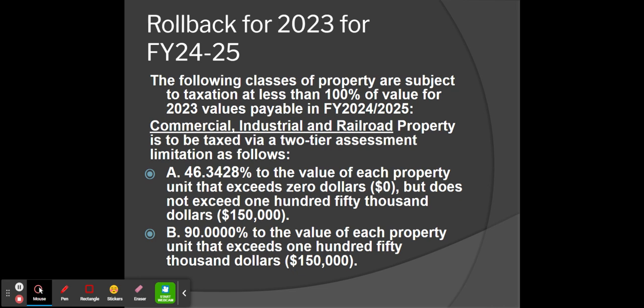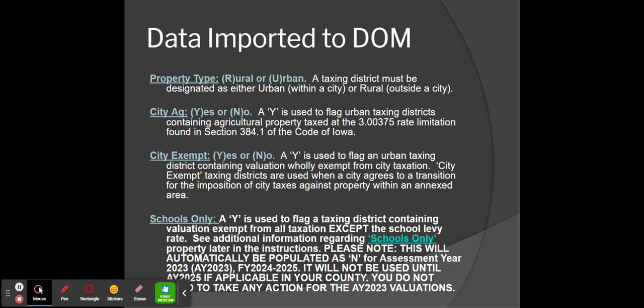And then anything above that $150,000 is subject to a rollback of 90%. So that's for commercial, industrial, and railroad property. And then the other class of property, that utility value, is 100%. So it's not receiving an assessment limitation this year.